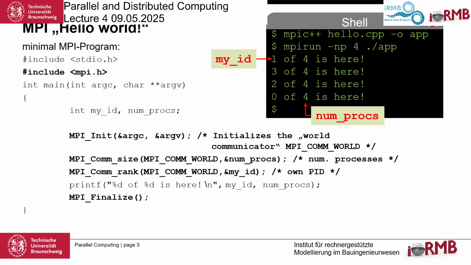This is the rank, which is the ID of this particular process. In this case, we call this myID. You can give this any name that you like. You could also say this is myRank. But here it's now called myID. And then there's the number of processes, because these are the two things that are usually important.